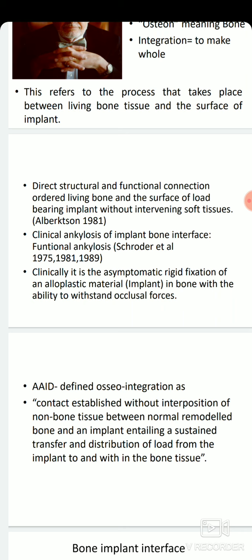Schroeder describes it as clinical ankylosis of the implant bone interface, which he names functional ankylosis. And clinically, it is described as asymptomatic rigid fixation of an alloplastic material, that is an implant, in bone with the ability to withstand occlusal forces.